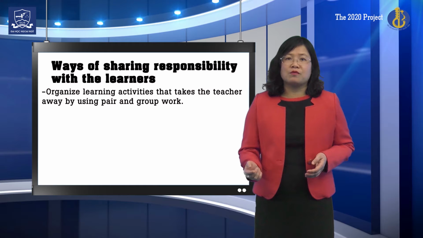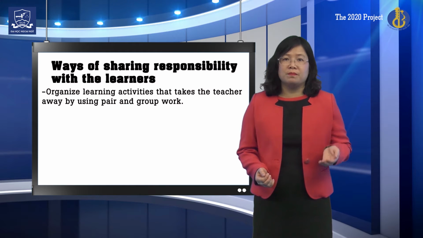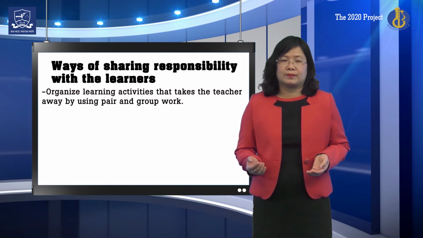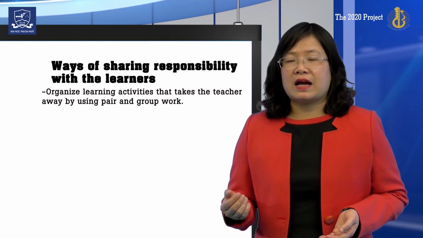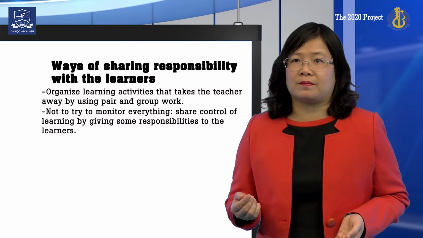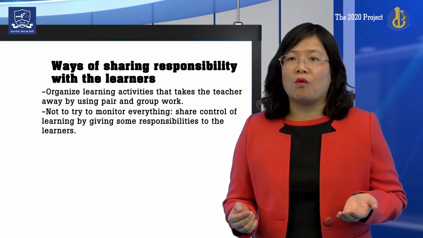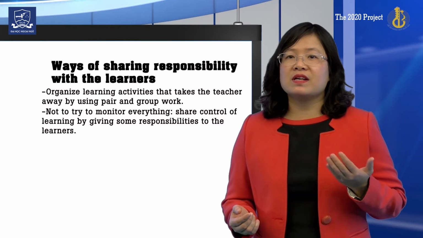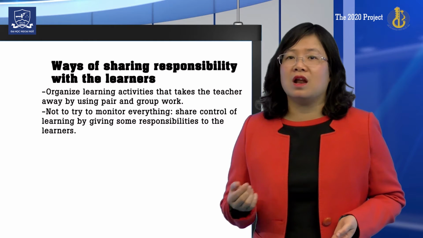This will also allow the learner to take responsibility for their learning. Second, remember not to try to monitor everything. Share control of learning by giving some responsibility to the learners.